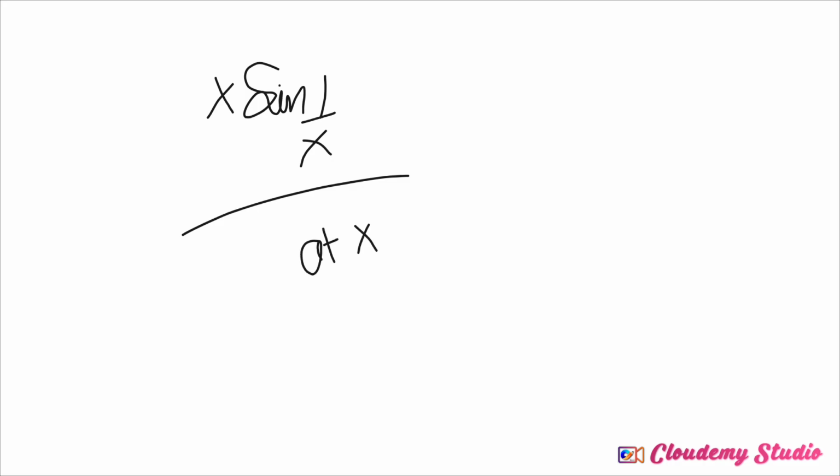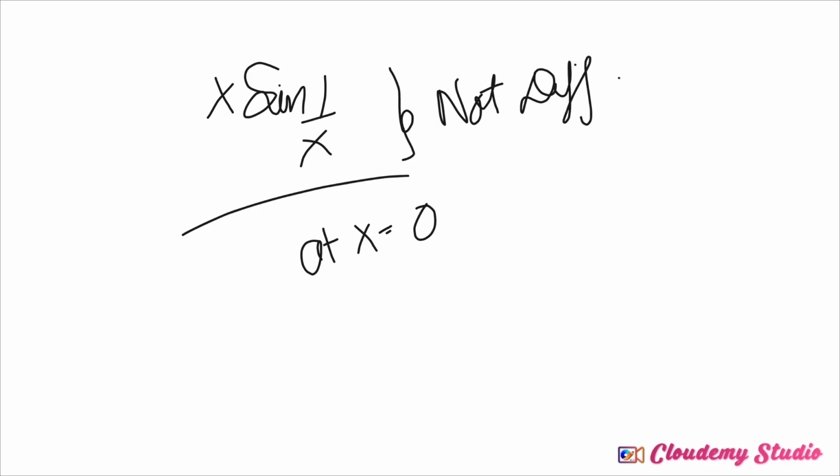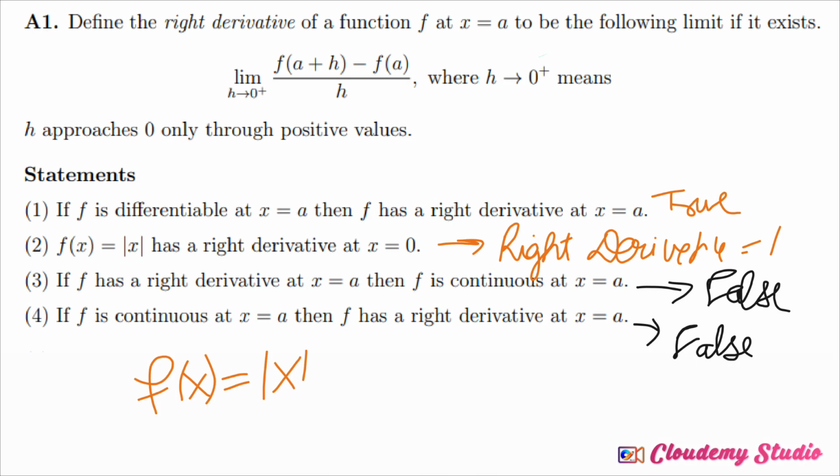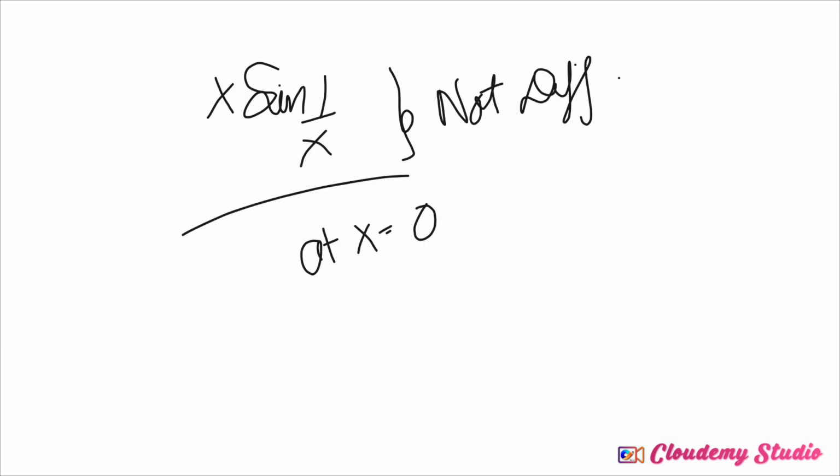We will take the example x sine 1 over x. This function is continuous at x equals 0, but it is not differentiable. It means it has no right derivative at x equals a. That's why this statement is also false.